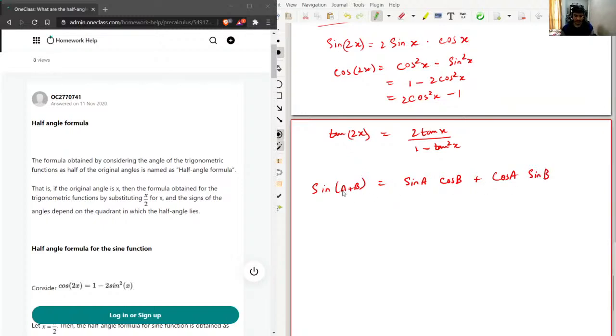I'll just put a equal to x and b equal to x. That will become sine 2x. So sine of 2x will be sin x cosine x plus cosine x sin x, with a equal to x and b equal to x. Now again, I can say that this is nothing but 2 sin x cosine x.